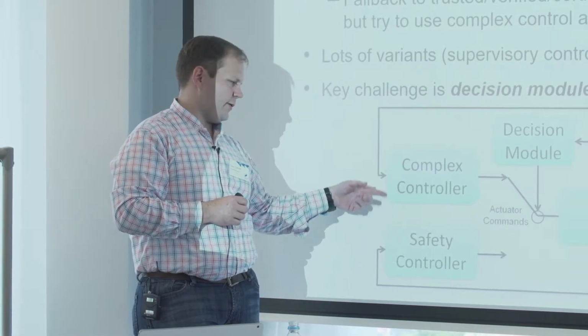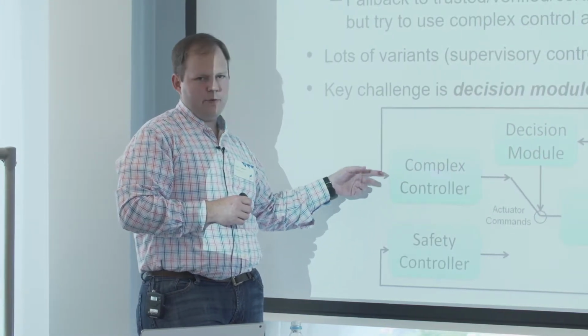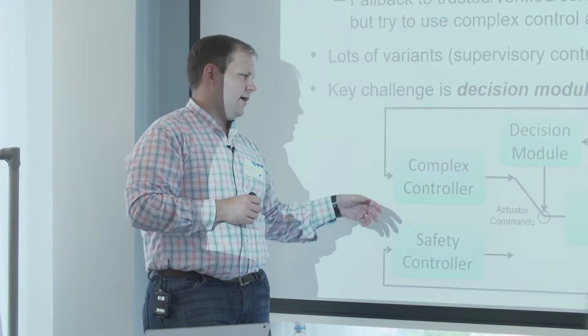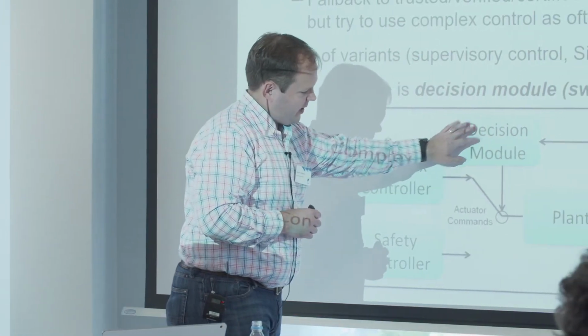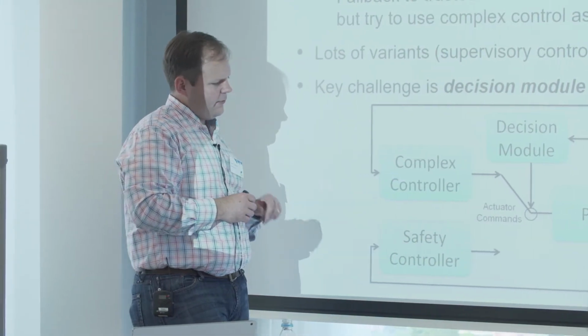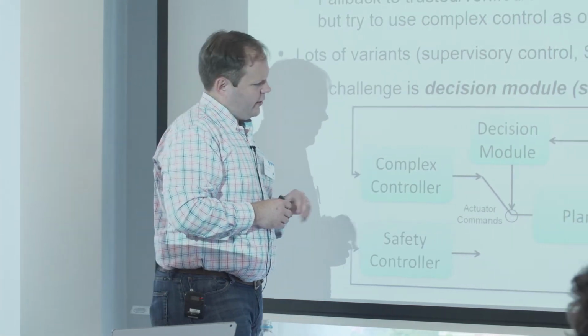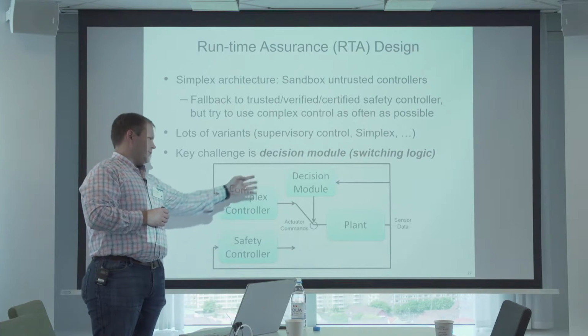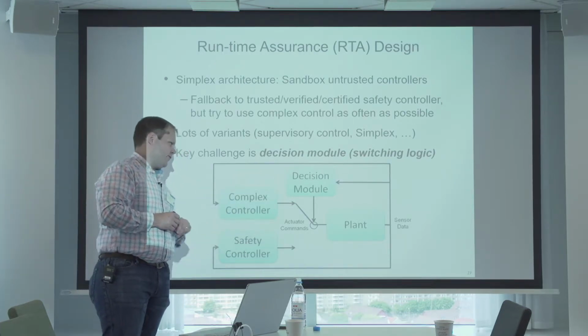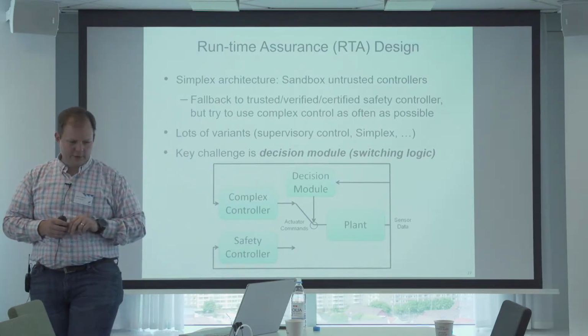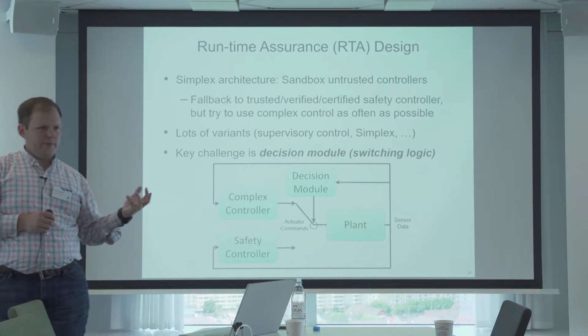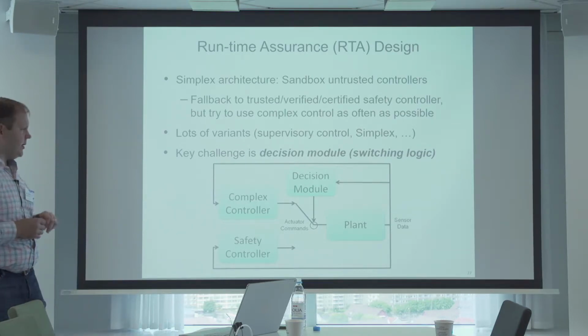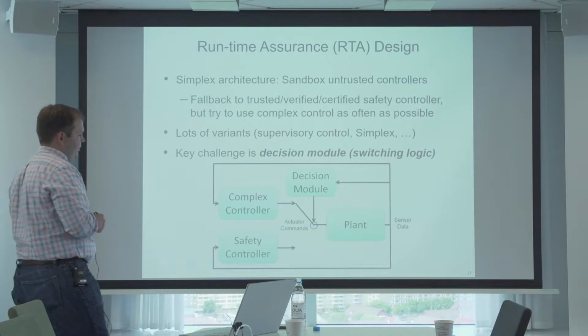Rather than going through the process of certifying the new flight control software, you'd certify a decision module, and you'd already certified your old flight control software. As long as the decision module can switch over to the previously certified controller, you can run a new version in parallel, and ideally use that new version of software as much as possible.